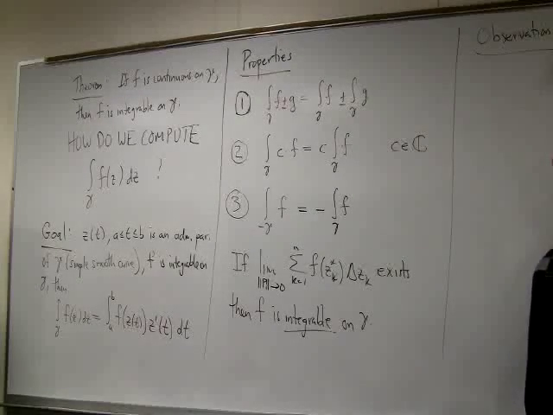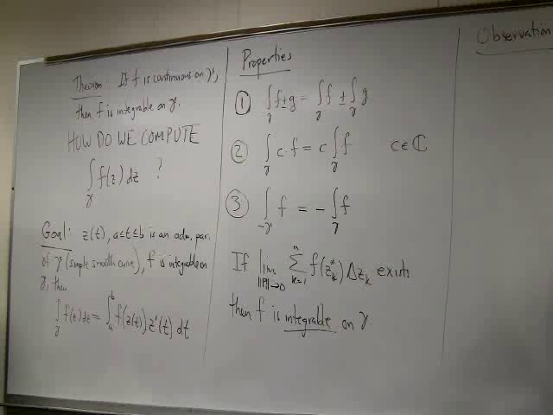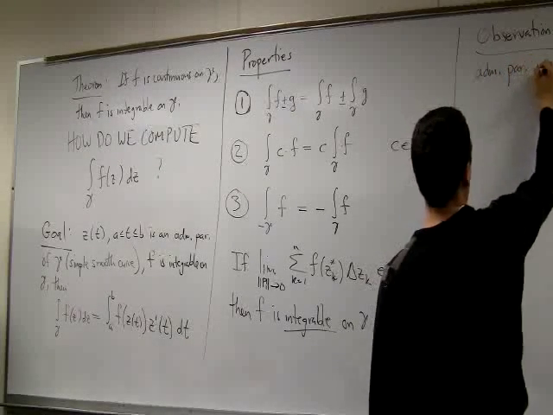So this formula, and by this I mean the one over to the left, this formula for the integral of f over gamma is independent of which admissible parameterization is chosen.